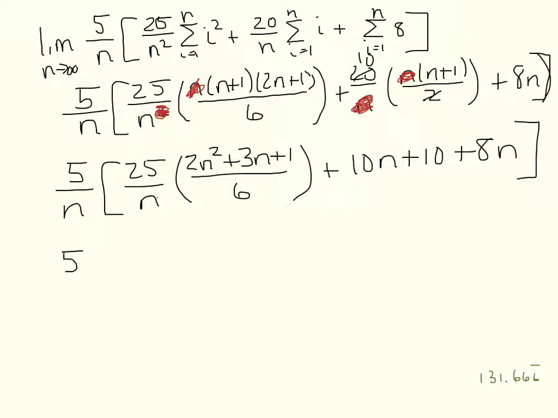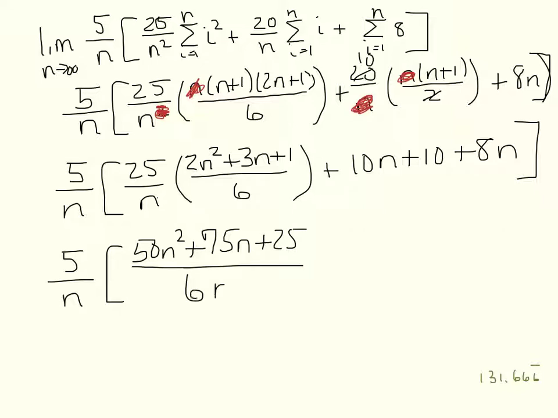So it's 5 over n times 50n squared plus 75n plus 25 all over 6n. So that's the first two terms multiplied together. And then just combining like terms, it looks like I have 18n's and then a lonesome old 10.